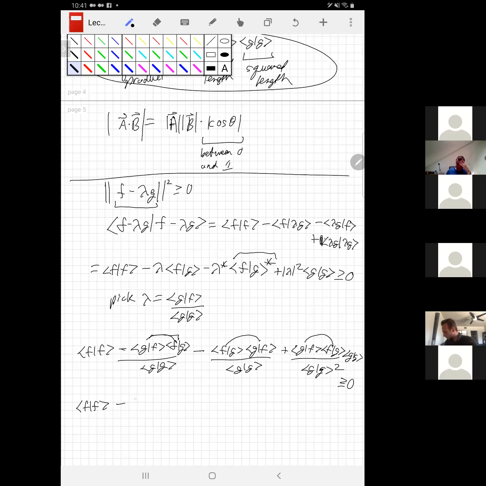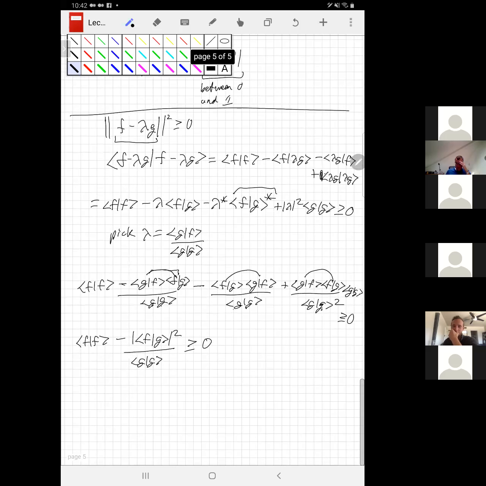We've got FF minus, and then we've got GG on the bottom here, GG on the bottom here, and GG over GG squared here, which is 1 over GG. And I've got FF minus FG squared over GG.